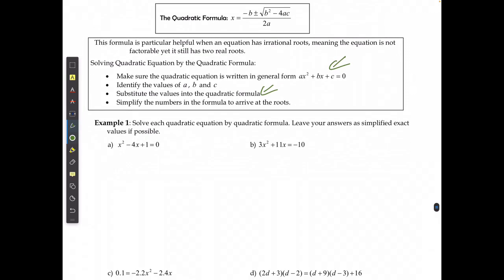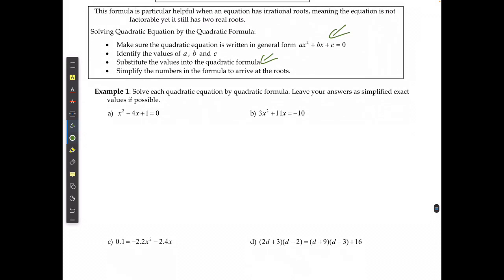So, for the first step, all we do is we make a list of what is my a, what is my b, what is my c. Well, here a is 1, b is negative 4, make sure you include the signs, and c is 1. So I'm going to say that x is equal to, and what I usually do is I just leave empty brackets where all the variables go, and then just fill in afterwards.